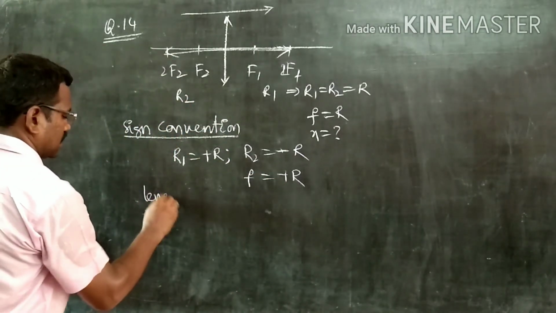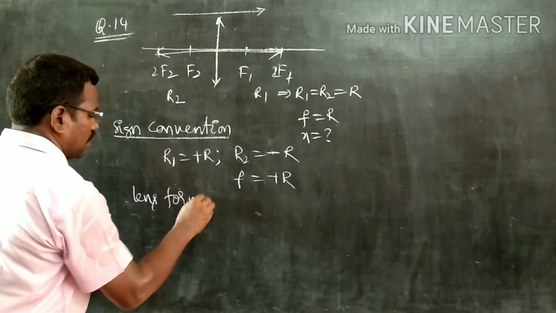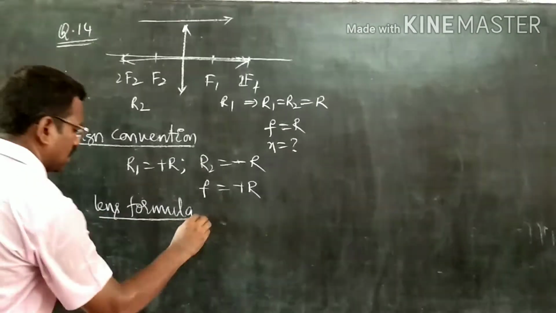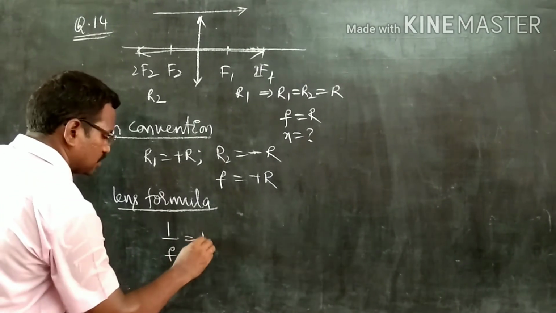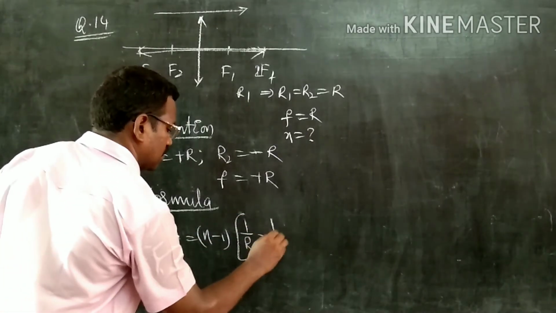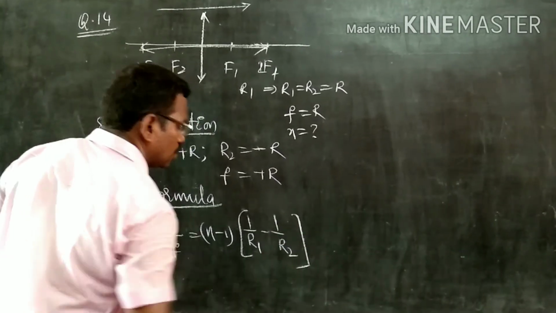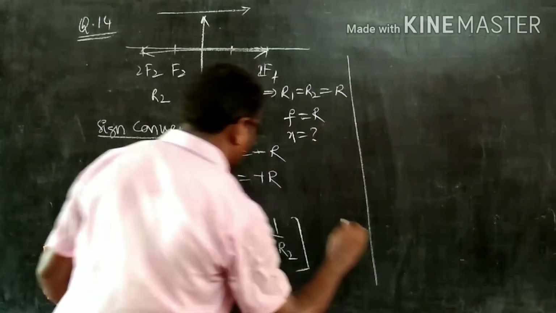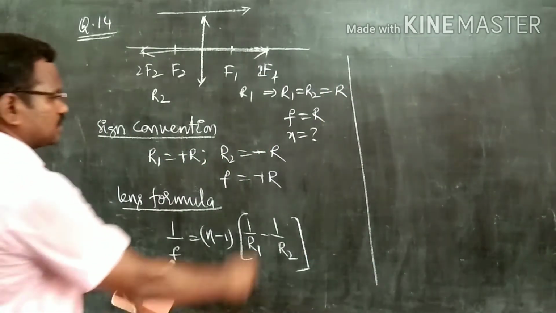Now, what is the lens formula? 1 by f is equal to (n minus 1) of (1 by R1 minus 1 by R2). Now, instead of f, what should we write?